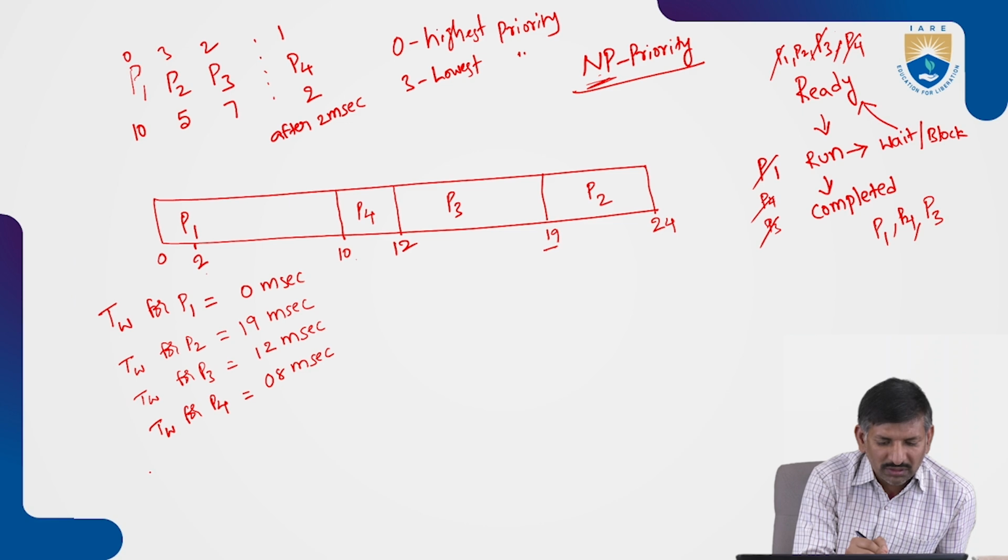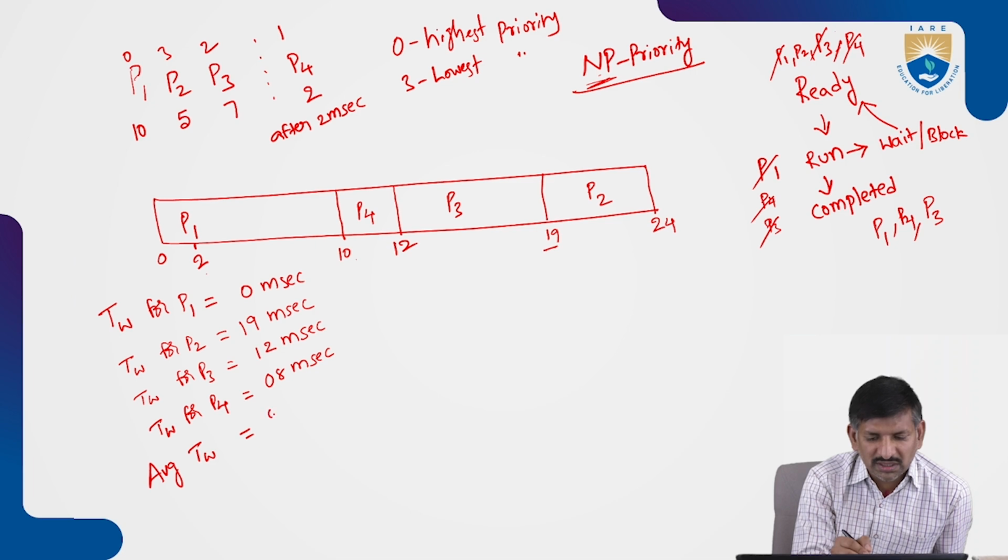So now the average waiting time is equal to the sum of all these waiting times divided by the number of processes.